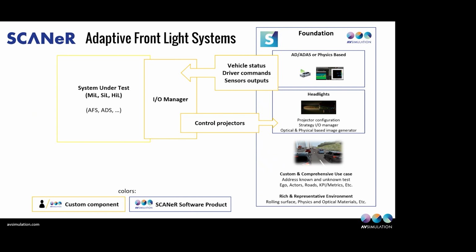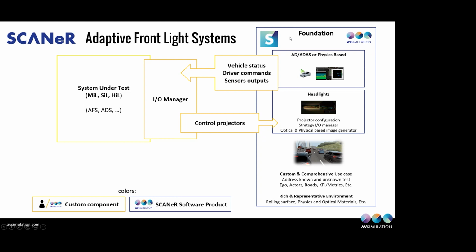Also, what is interesting to point out is that we have the capability in the 9 Test Manager, which is the main module that comes with the headlights pack, to retrieve representative information from the simulation, from the AD-ADAS or the physics-based sensors pack.